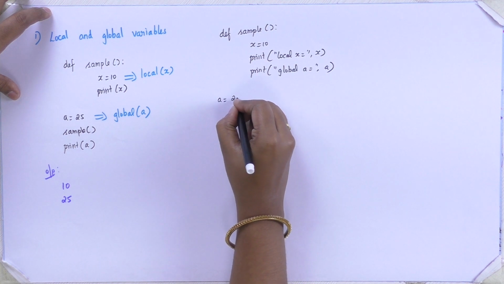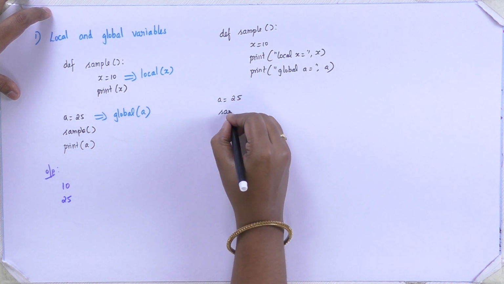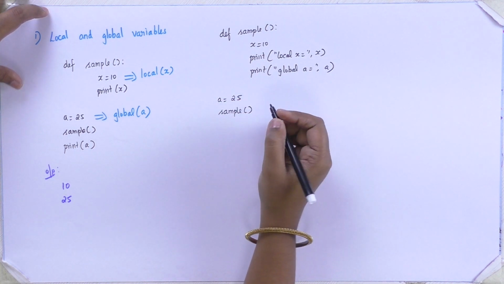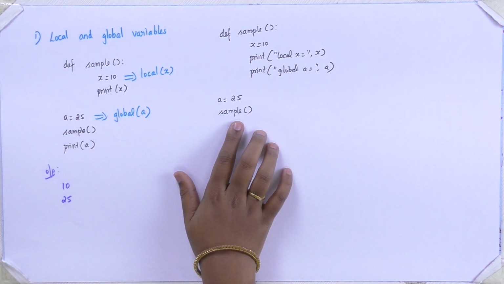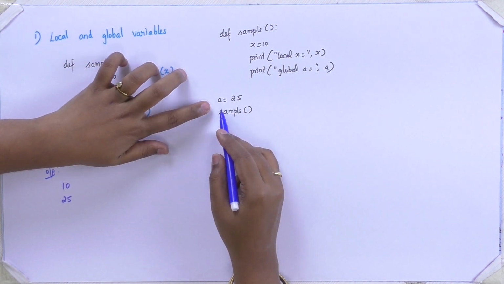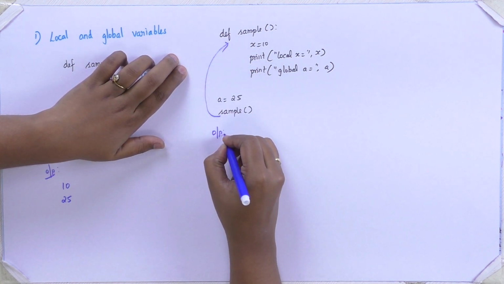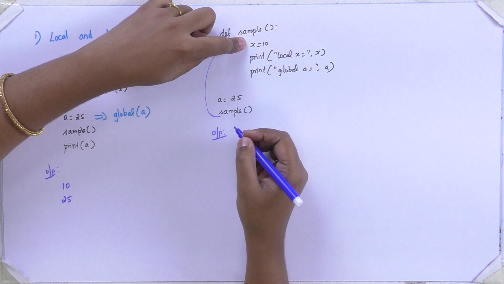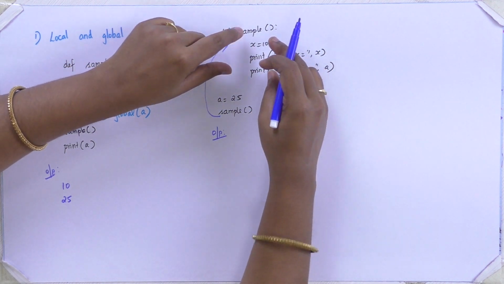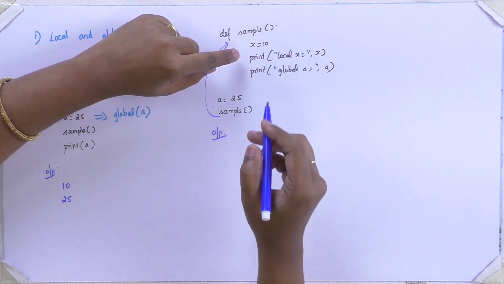Outside it I'm having a is equal to 25 and I'm calling the function sample. What happens here is a value is 25, and after that you're calling the function sample, it goes here. Output will be like you're having a local variable x, because you have created x only within the function, so x is local to this function.